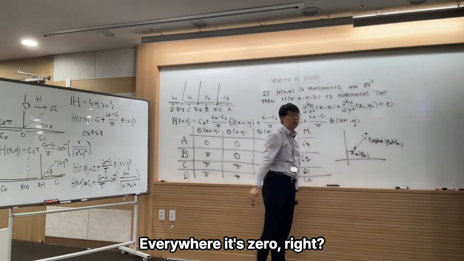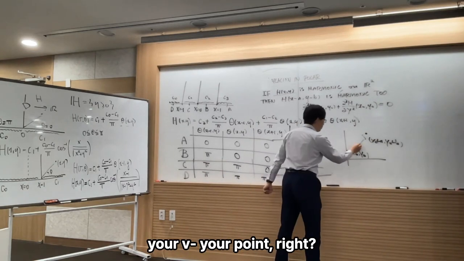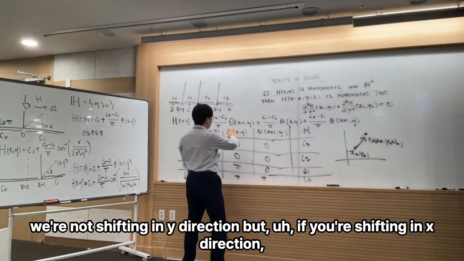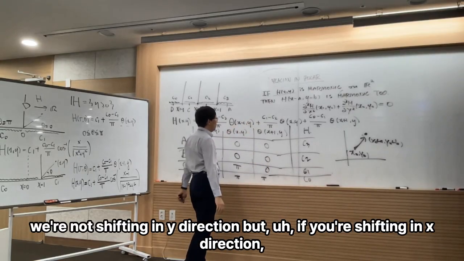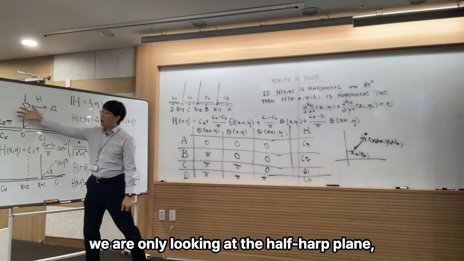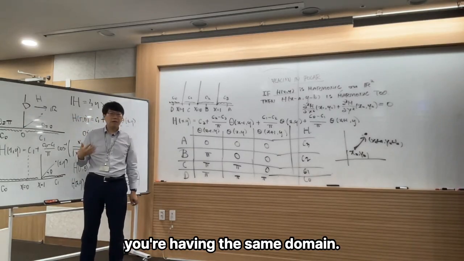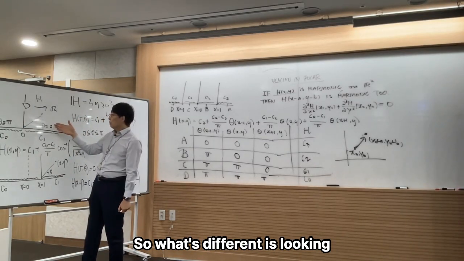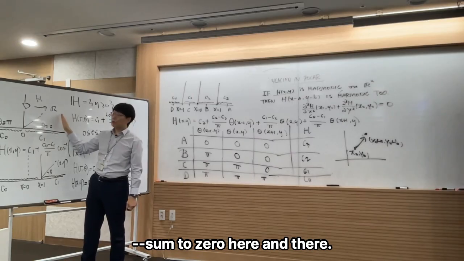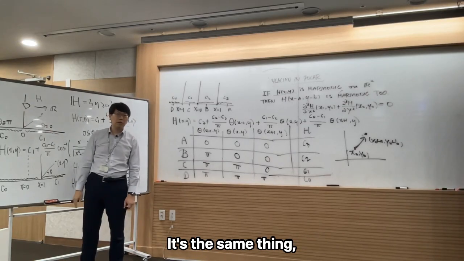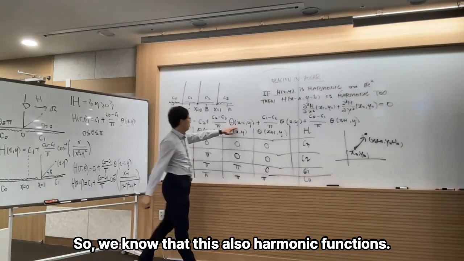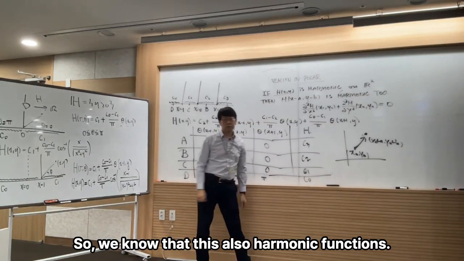Everywhere it's 0, right? It doesn't matter if you change your point. In this case, we're not shifting in the y direction, but if you're shifting in the x direction, you're having the same domain. So what's the difference looking at the partial derivatives summing to 0 here and there? It's the same thing. It's always 0, right? So we know that these are also harmonic functions.